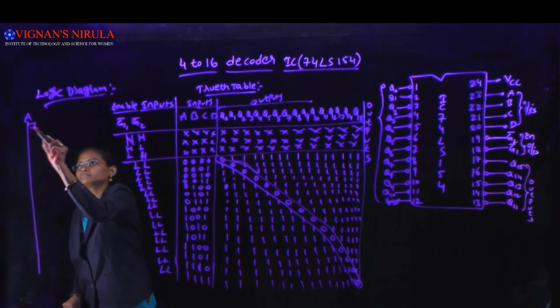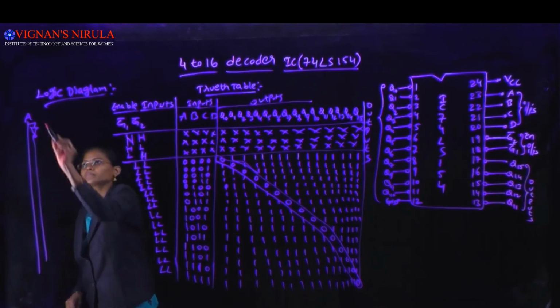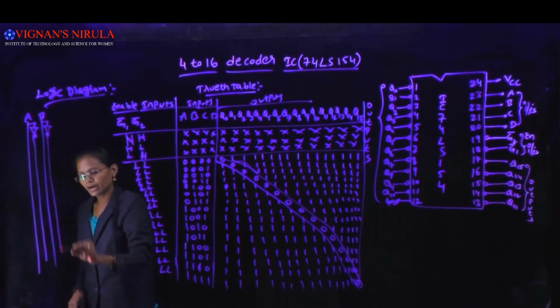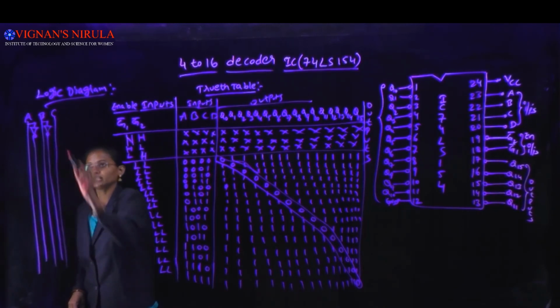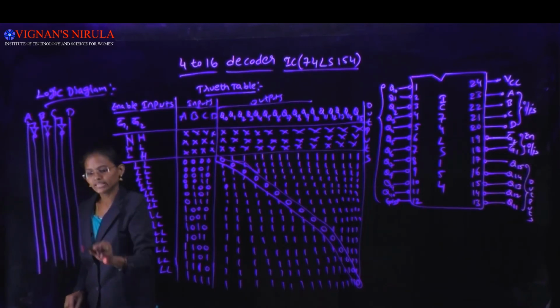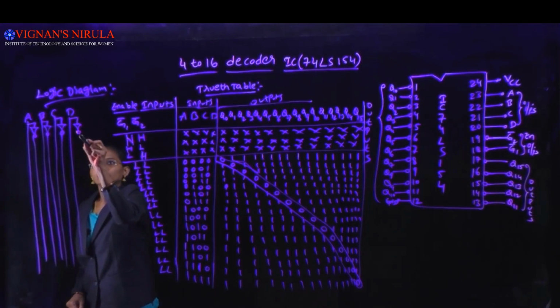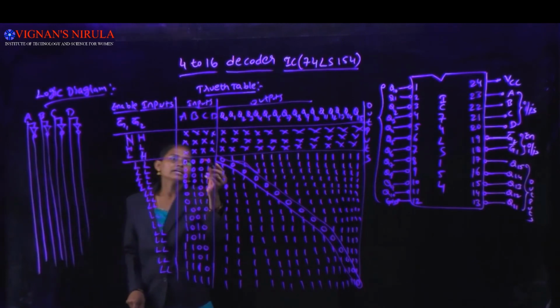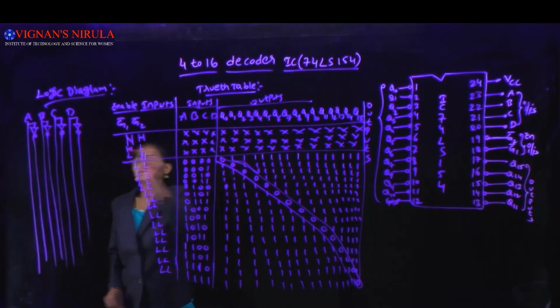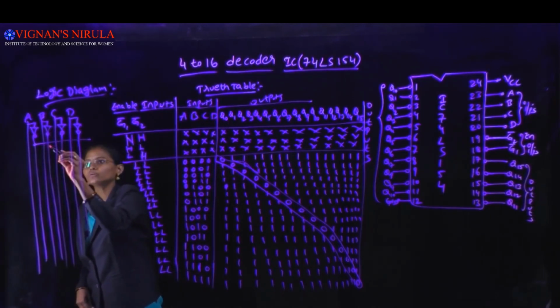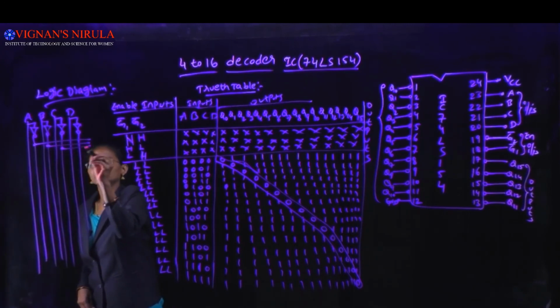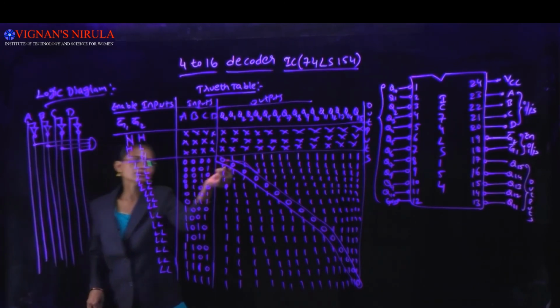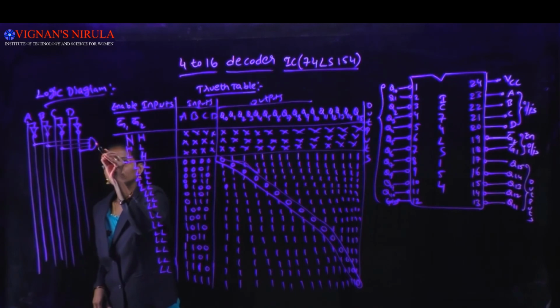Okay, here the Q0 input is 0000, that is A bar, B bar, C bar, D bar. These outputs are low, so write down the NOT gate.